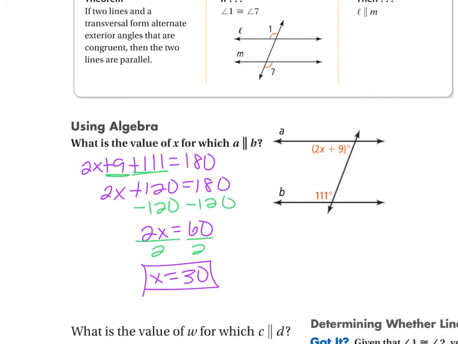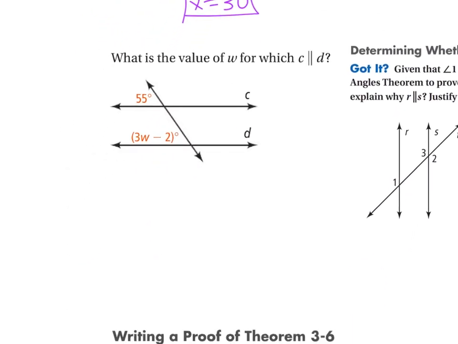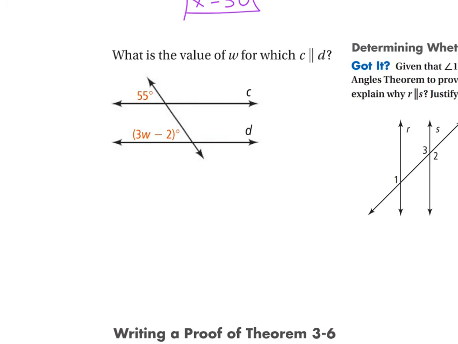Okay, so the next page of notes. What is the value of w for which C is parallel to D? If C and D were parallel, they would be equal because they're corresponding angles. So you just solve it like that: 55 equals 3w minus 2.